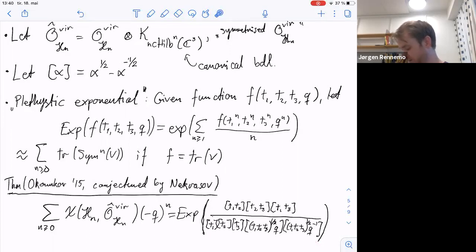And this is not at all obvious. But this is a very surprisingly nice computation, and this computation breaks completely if you don't symmetrize. So that's good justification for considering the symmetrized virtual structure sheaves. There are other reasons as well.